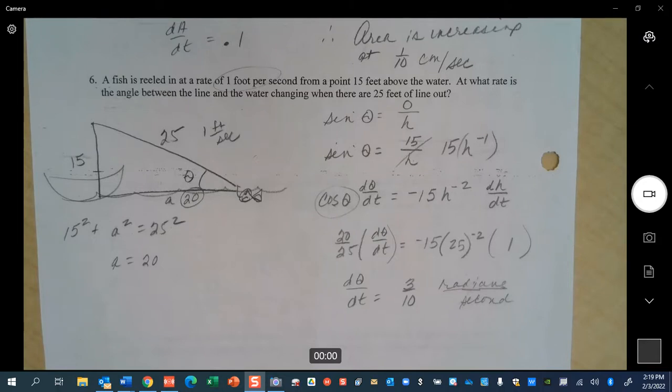I start with 25 feet of line. My 15 feet is a constant. So my sine is equal to my opposite over my hypotenuse. At what rate is the angle between the line and the water changing?